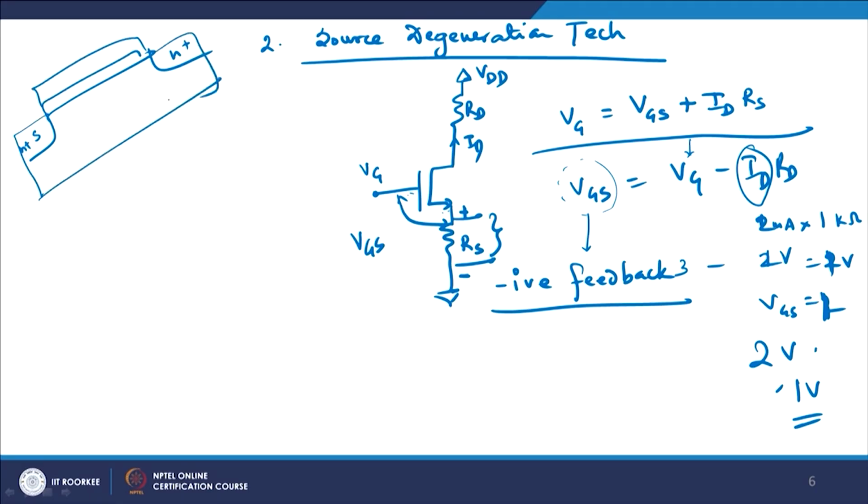Now what I do on the source side, I apply a positive bias. So what happens, the depletion thickness will be much larger here. If you did not apply any bias, it will be something like this. If you now apply a bias, which is basically ID into RS, the depletion thickness will become stronger, and therefore your current will drop down.